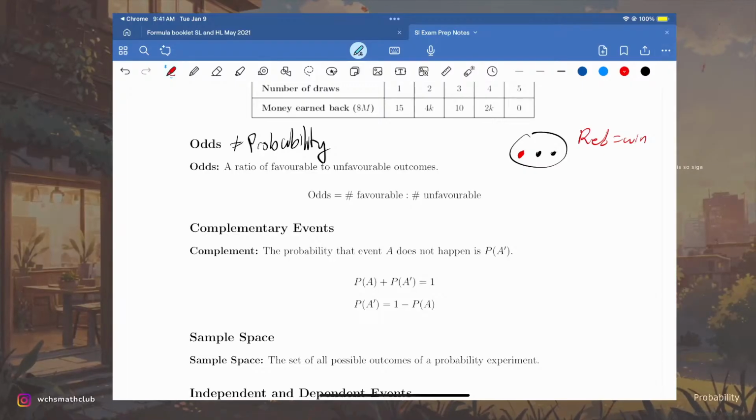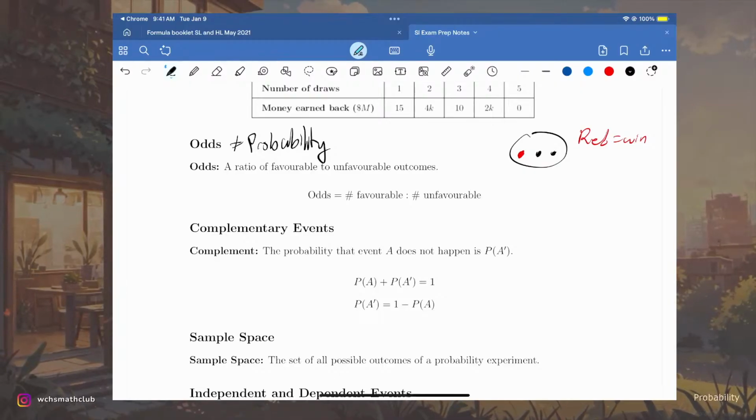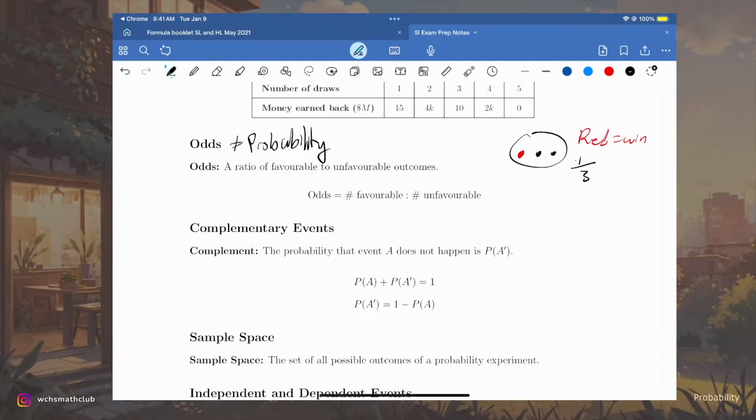So the probability here, as we've discussed before, is favorable outcomes over total outcomes. So in this case, we have 1 favorable outcome for the red, and then 3 total balls. So 1 over 3 is our probability.